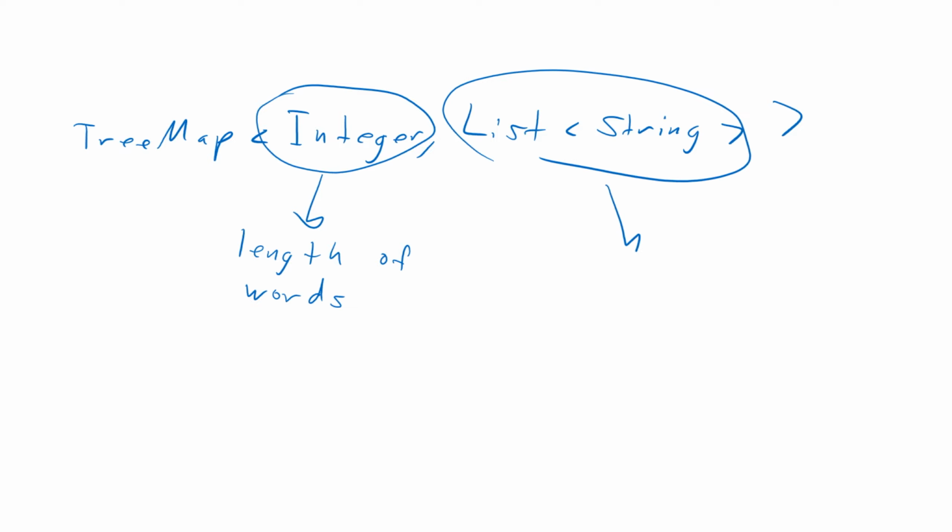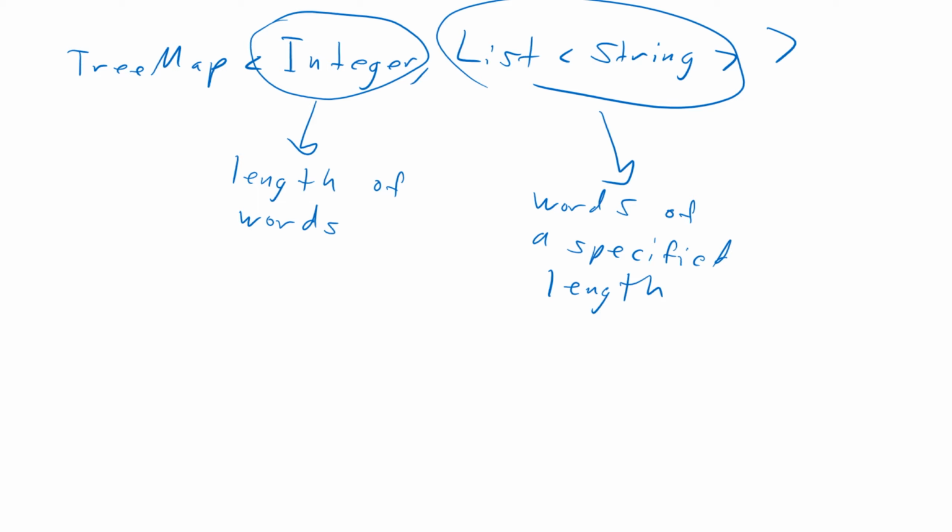And this actually represents words of a specified length. And of course, the Java list will maintain insertion order of our words. Also, some interesting facts that you may not know about a tree map is that it is based on the navigable map interface.